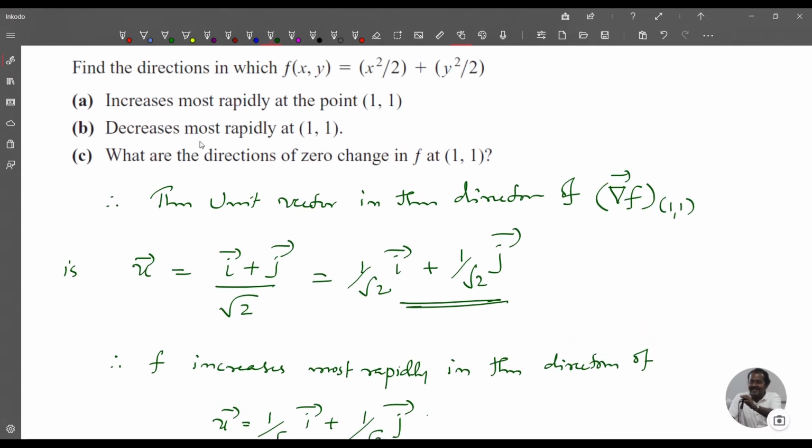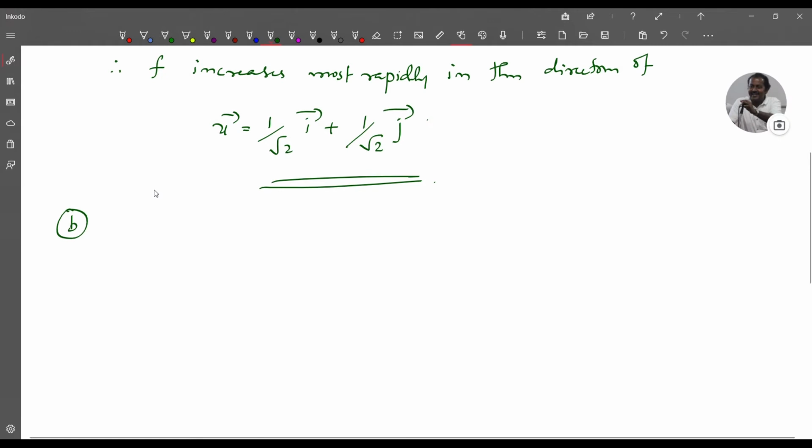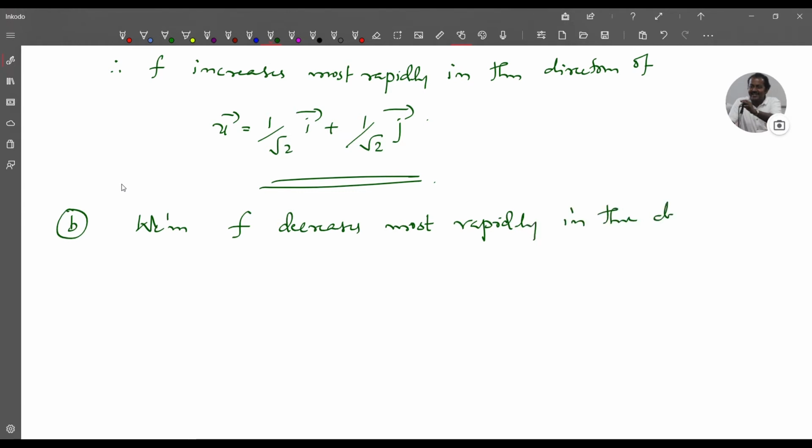Now you have to find a solution to B. You have to find the direction in which f of x y is equal to x square by 2 plus y square by 2 decreases most rapidly. And we know that f decreases most rapidly in the direction of minus del f.